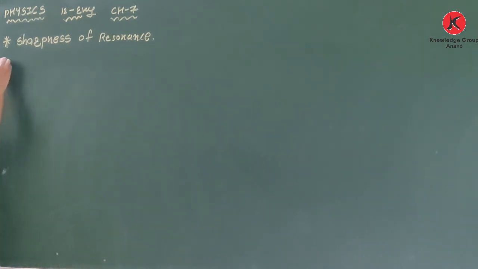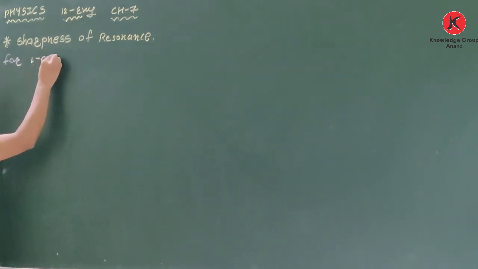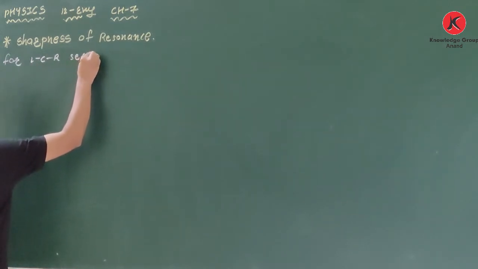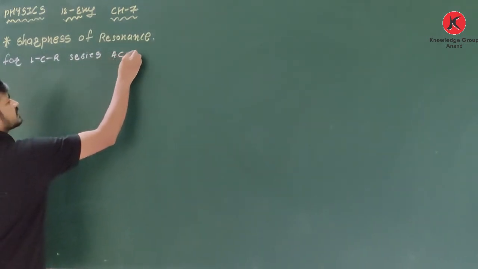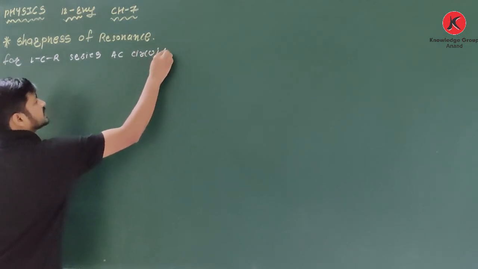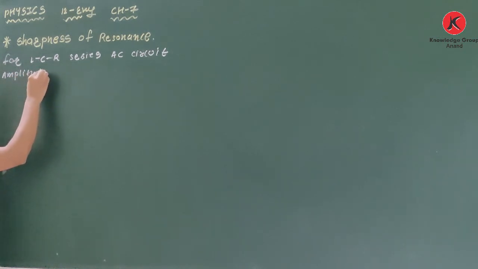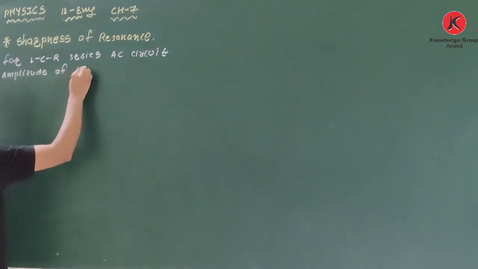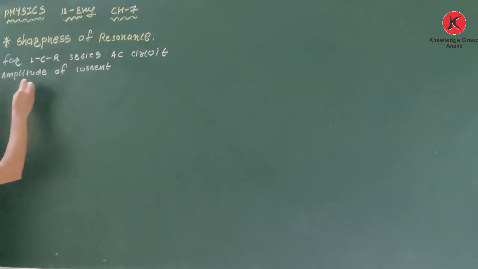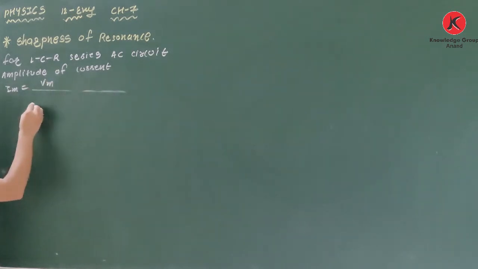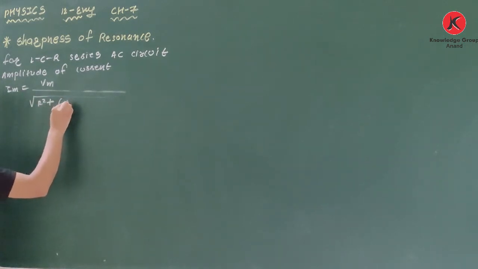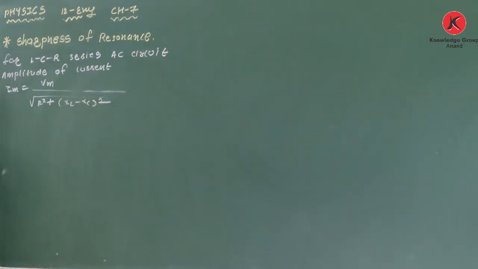Again, for an LCR series AC circuit, the amplitude of current Im is equal to Vm upon under root R square plus (XL minus XC) whole square.